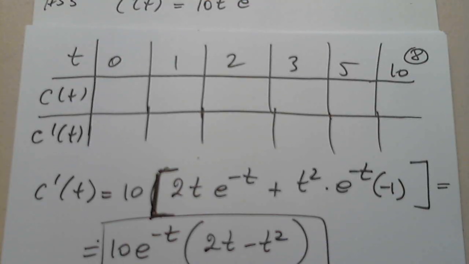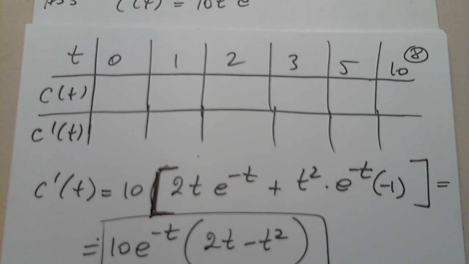Good. So now I have second table, and I want 0, it's right there. I want 1, I want 2, I want 3, I want 5, and I want 10.